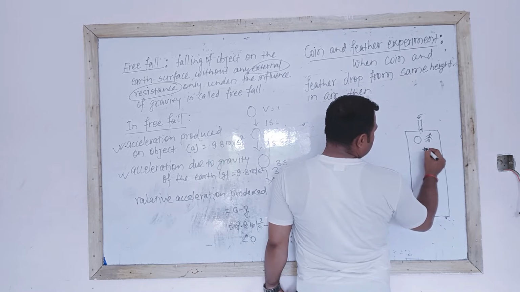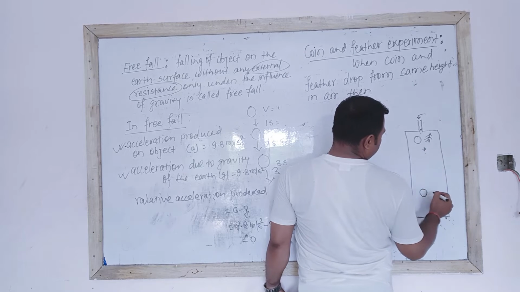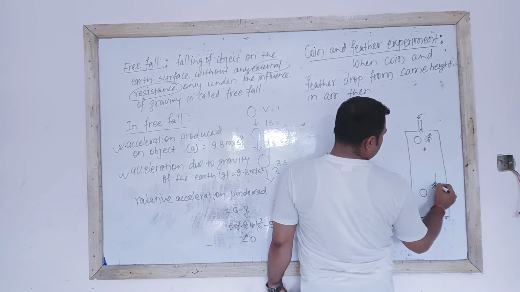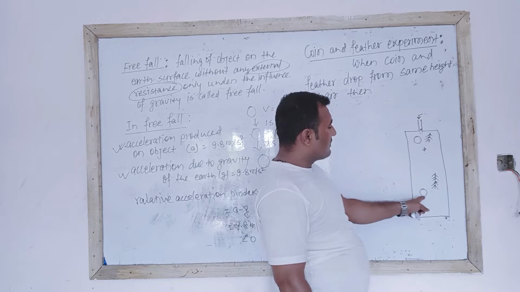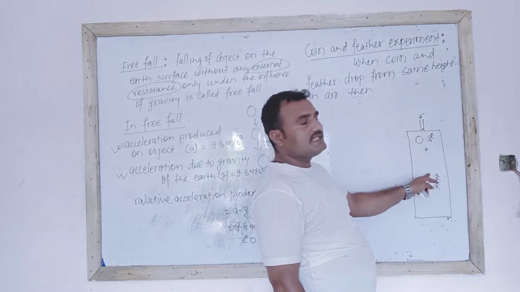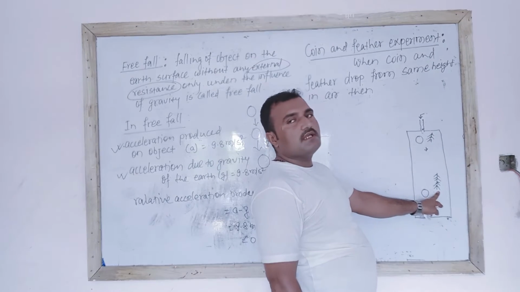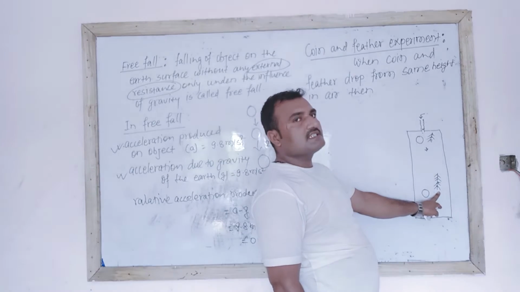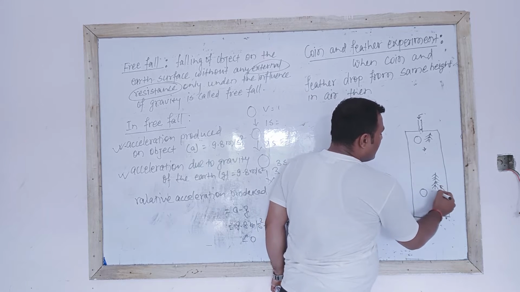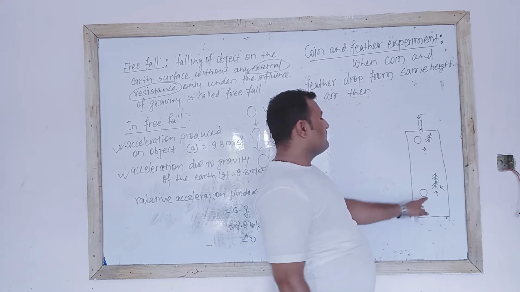Then we found that the coin strikes the ground faster than the feather. Why? Because due to the presence of air, the falling velocity or acceleration produced on it is opposed by air, and the coin falls faster.